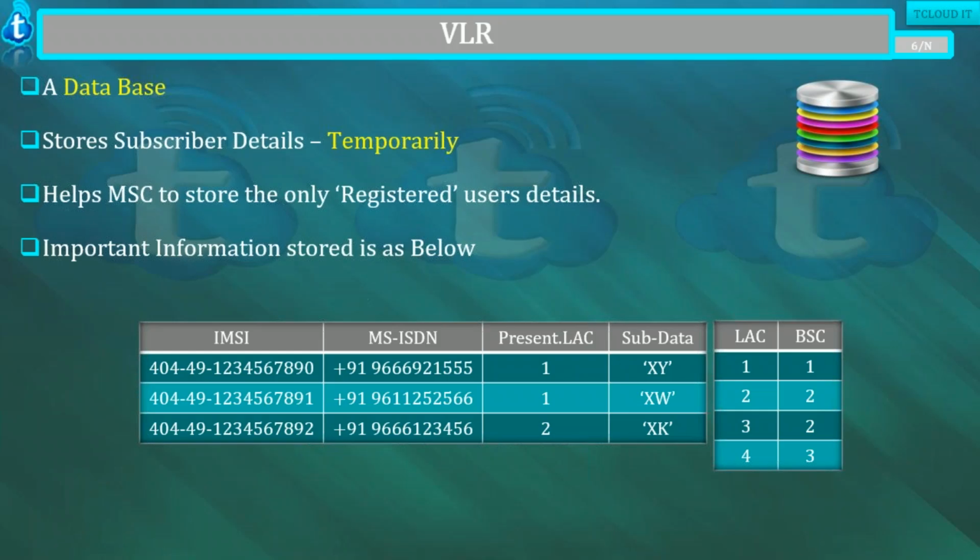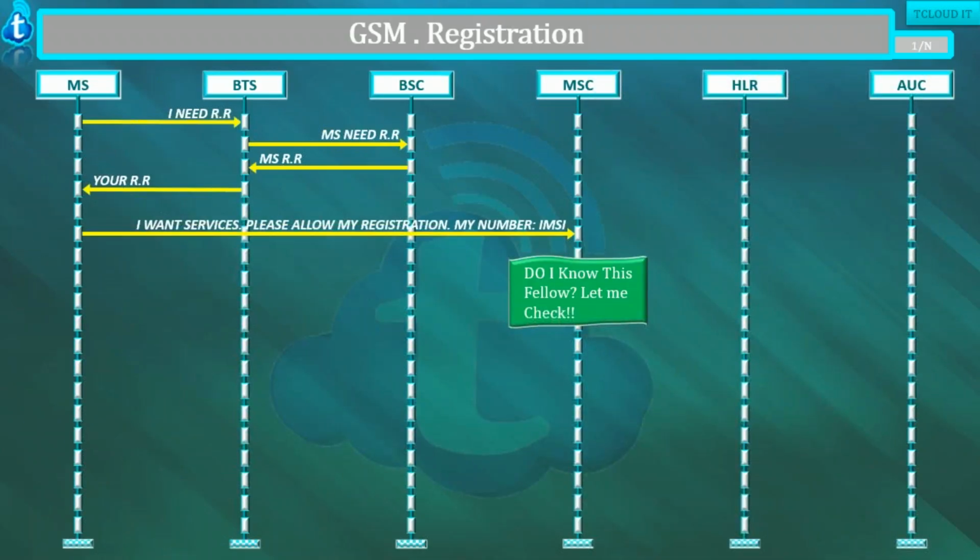How this is going to play out in reality, we will study. But I'm just trying to tell you, MSC will maintain this kind of details: the mobile's present location area code, and which BSC is serving that location area. These kinds of details are maintained in your MSC VLR database. Okay, great.